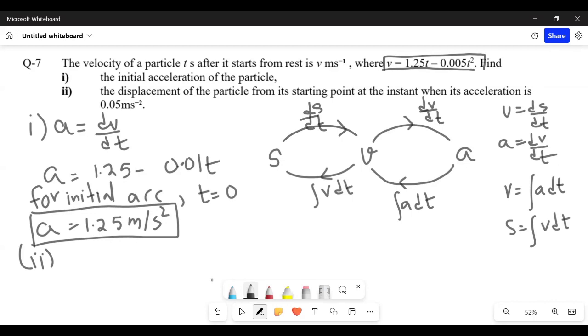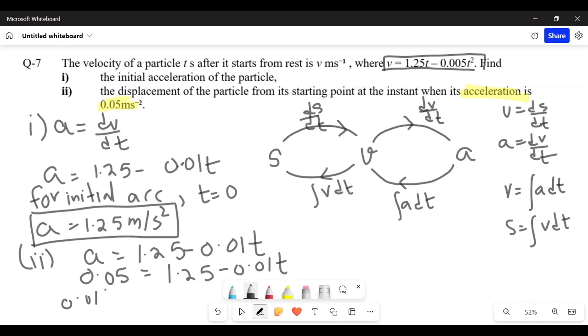Okay. So at the instant when the acceleration is 0.05, तो पहले acceleration का दोबारा से equation use करते हैं. ये है, this is the equation for acceleration. हमने पिछले पार्ट में निकाल ली थी. अब इस acceleration को 0.05 के इक्वल पुट करते हैं और देखते हैं कि टाइम क्या आता है.